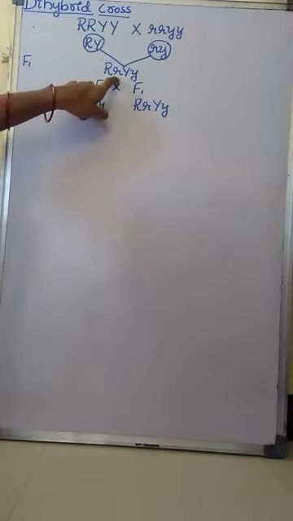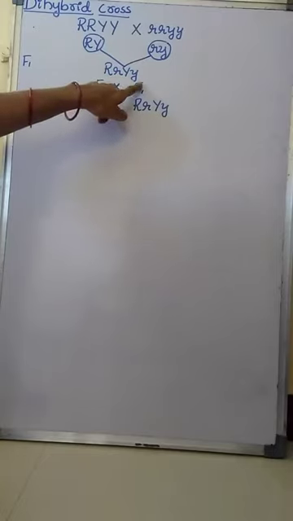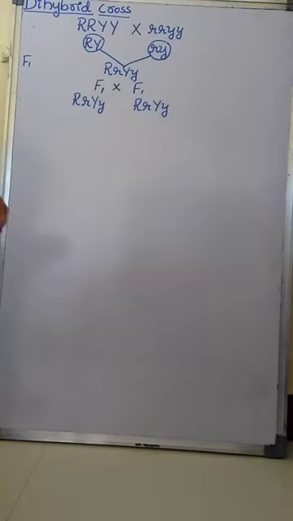Presence of capital R, small r, capital Y, small y or capital T, small t together, that is heterozygous. One is a dominant allele and the other is a recessive allele. Hetero means different, homo means same.